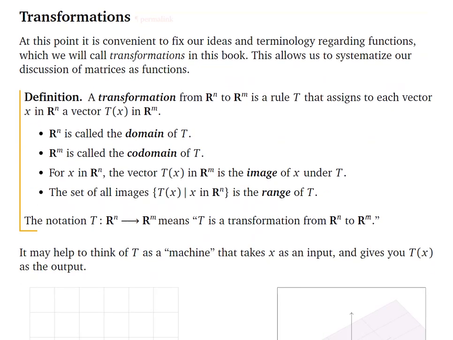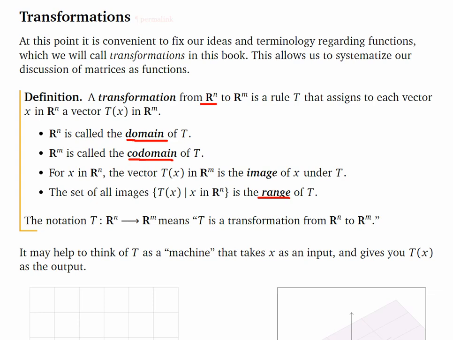Now, definitely want to consider what it means by the domain and the codomain. And a lot of people get the codomain confused with the range. The range is a subspace of the codomain, right? So what do we know? We know the domain is Rn, the number of columns, right?